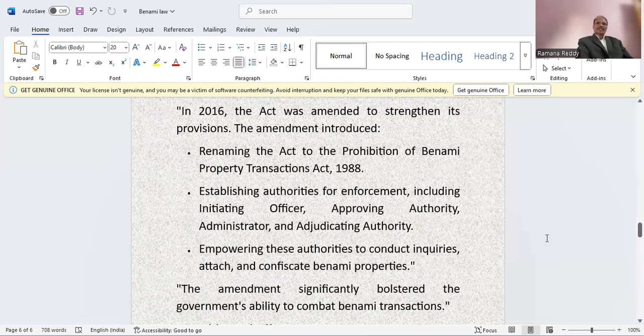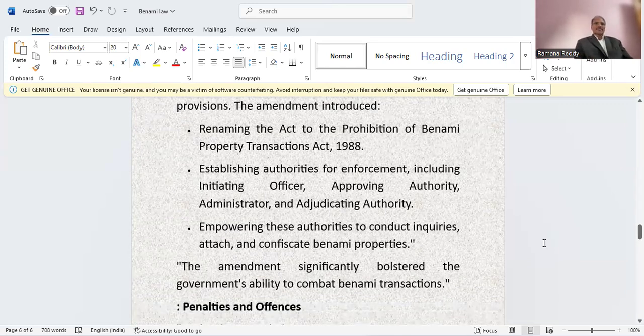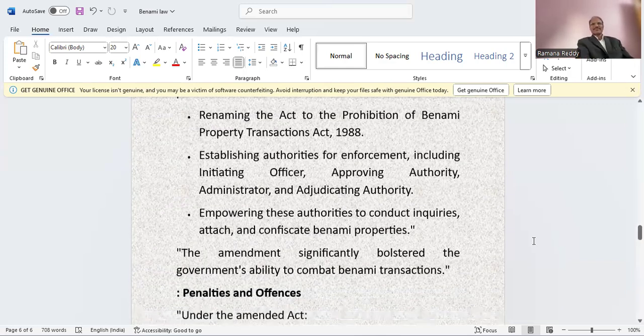So the amendment significantly bolstered the government's ability to combat Benami transactions.